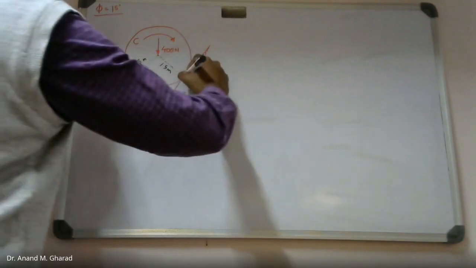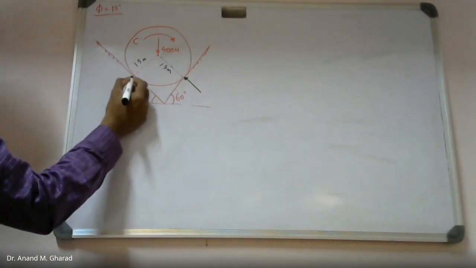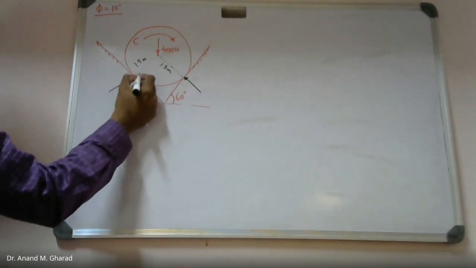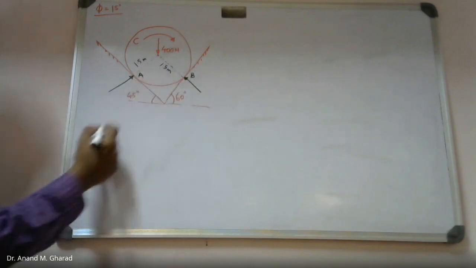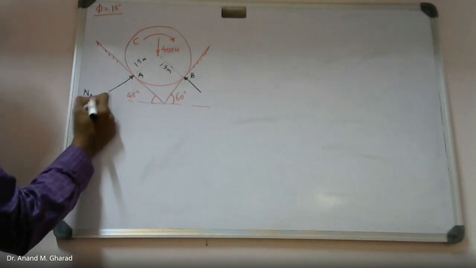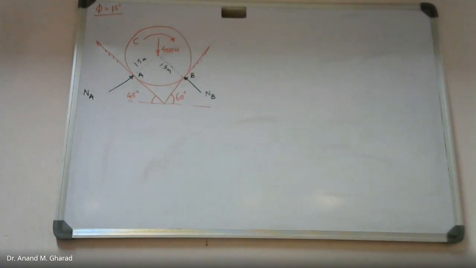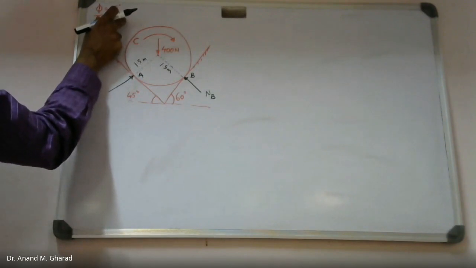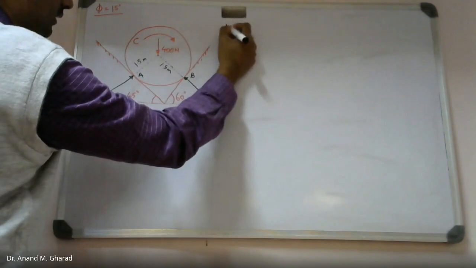And there will be normal reactions at these two locations. Let me call these locations point A and point B. So these will be N suffix A, N suffix B. Okay? We have the information of friction resistance in the form of angle of friction, that is, you can say mu value.